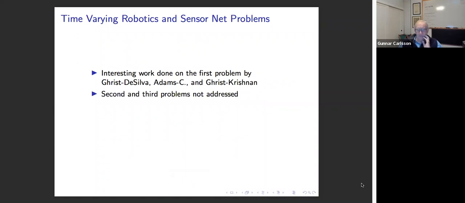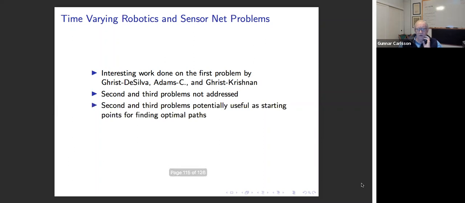And I believe the second and third problems are not addressed, although in Michael's work, I believe they are also addressed. Now the second and third problems are potentially useful as starting points for finding optimal paths. Here I could ask them to try to find some kind of optimal evasion path, if you like.